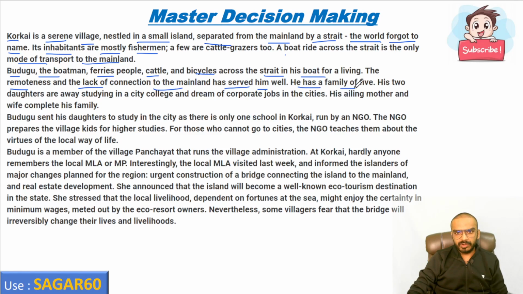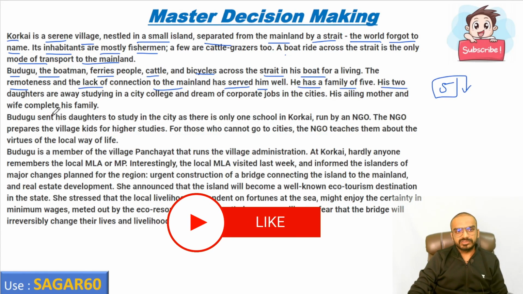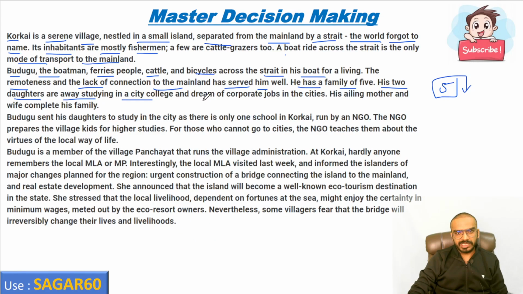He has a family of 5. His 2 daughters are away studying in a city college and dream of corporate jobs in the city. His ailing mother and his wife complete his family.